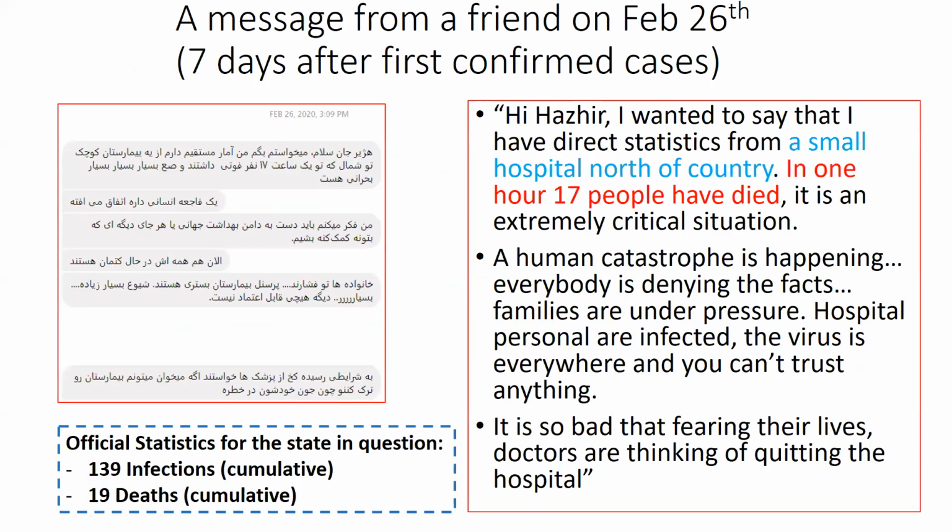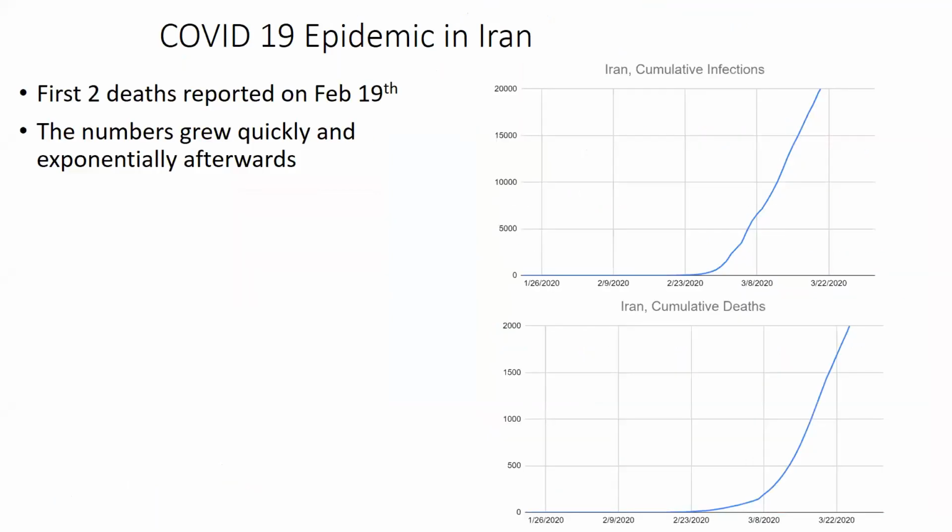It is a huge issue in the hospital, people are panicked, and doctors are thinking about quitting. Then you put those 17 deaths in 1 hour in one single hospital next to the aggregate data that is officially reported, which is 19 deaths by that time over 7 days, and you see that inconsistency, right? So the question is, what is happening here?